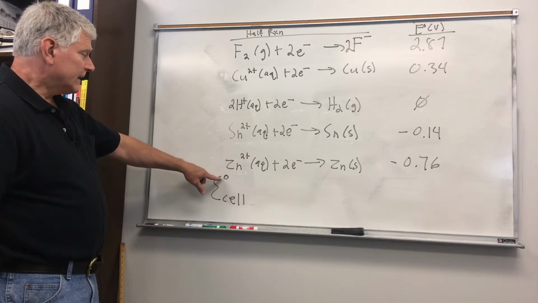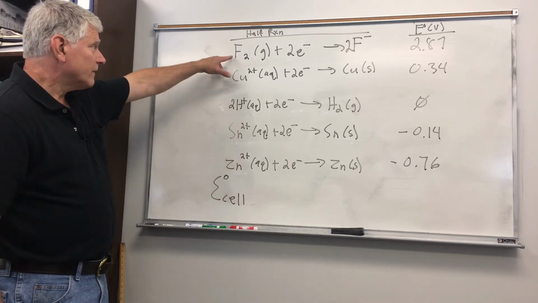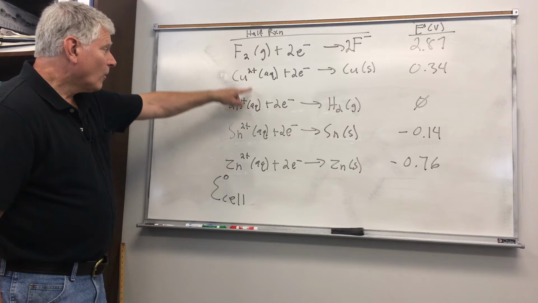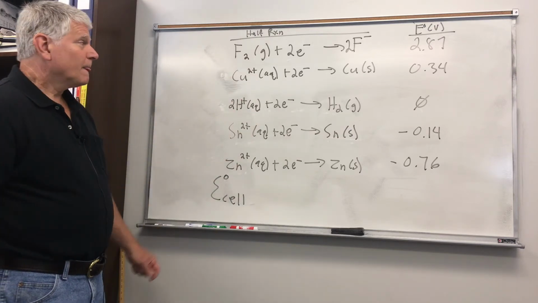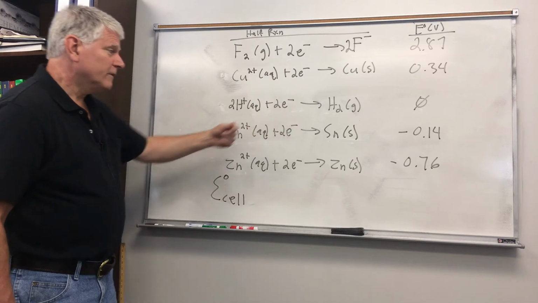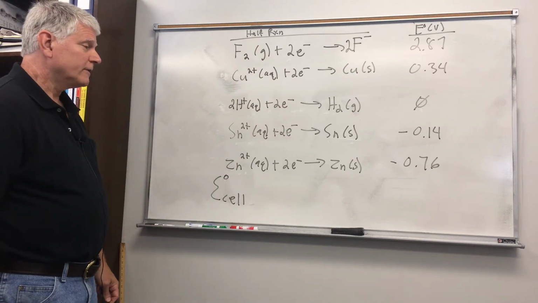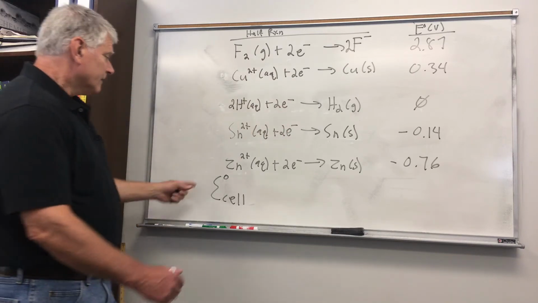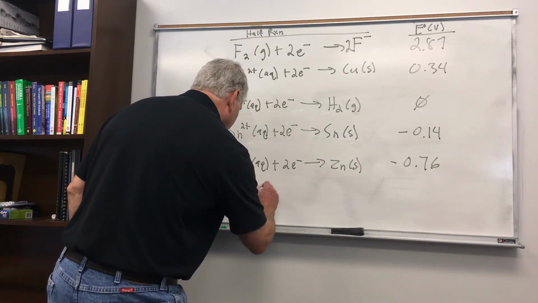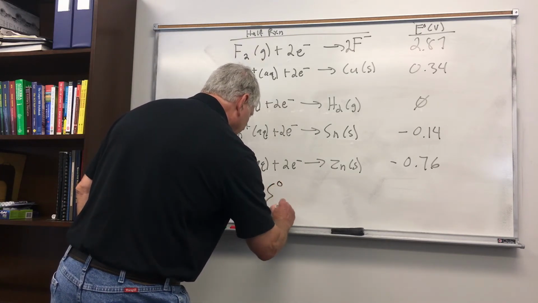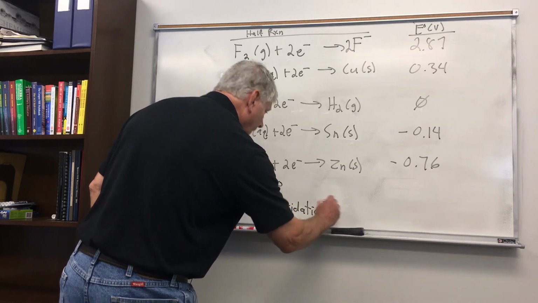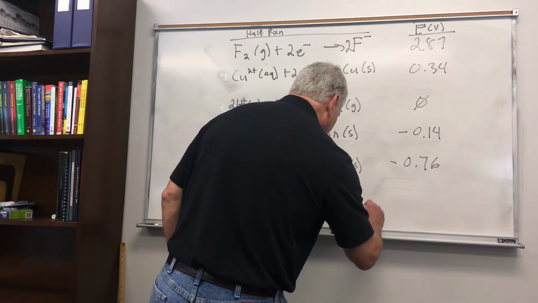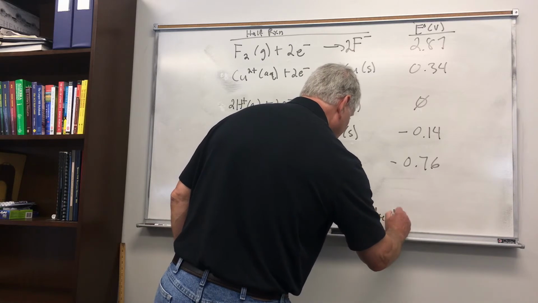So it means 1 atmosphere pressure for the gases, 1 molar concentrations for the dissolved species. And this is how the table is developed, using those concentrations and pressures. So E for the cell is equal to E standard for the oxidation plus E standard for the reduction.